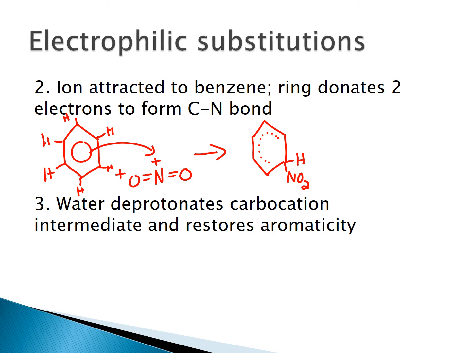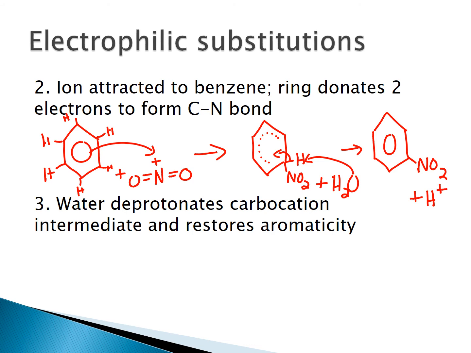Okay? So then we have a water molecule, which will deprotonate the carbocation, and then it'll restore the aromaticity. So the water attacks the hydrogen, gives those electrons back, and we get this guy here.